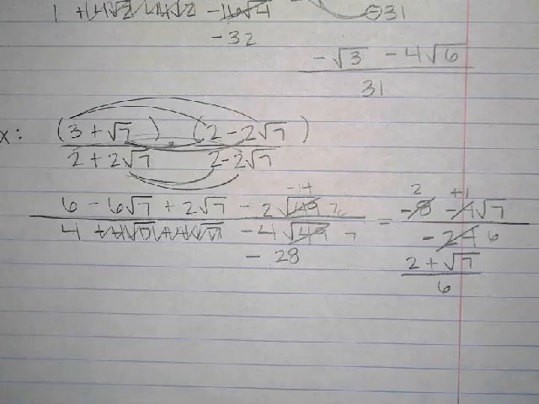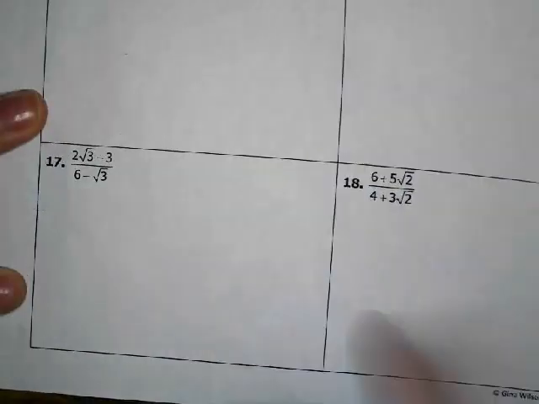Okay. So let's do number 17. We'll start number 17. We'll see how far we get. And then number 18 will be homework. So what's the conjugate for 17? 6 plus root 3.